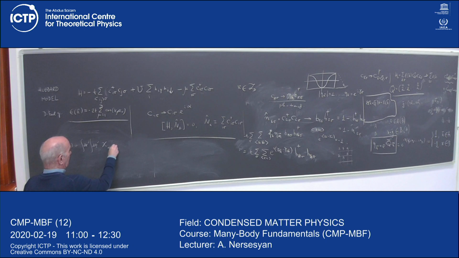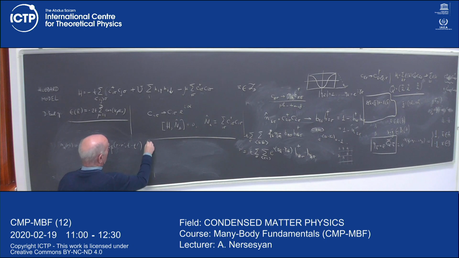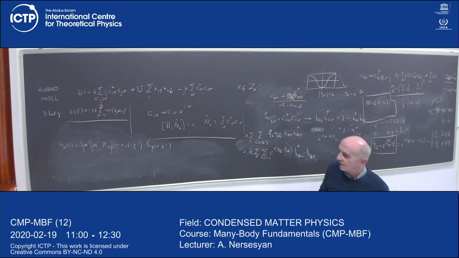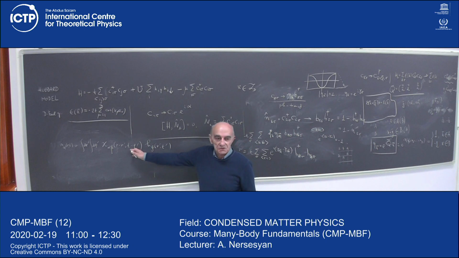Here I have chi alpha beta r minus r prime, t minus t prime. And here I have my magnetic field, which is h beta r prime. This is how the above formula gets modified. It's an integral form.